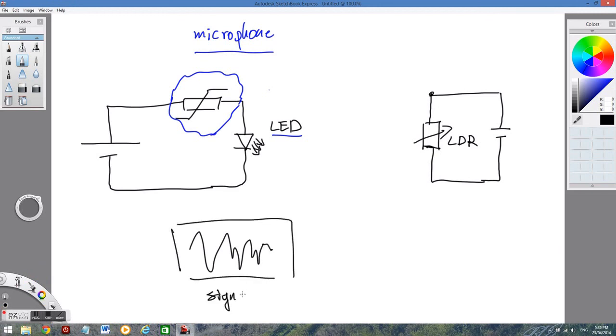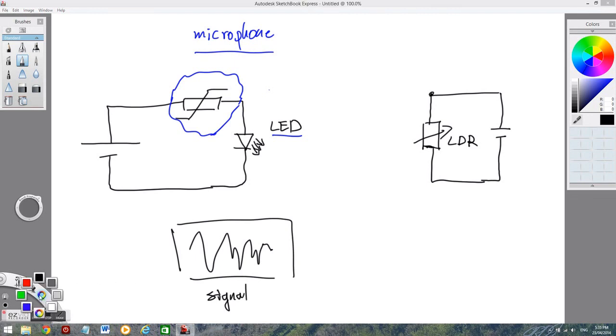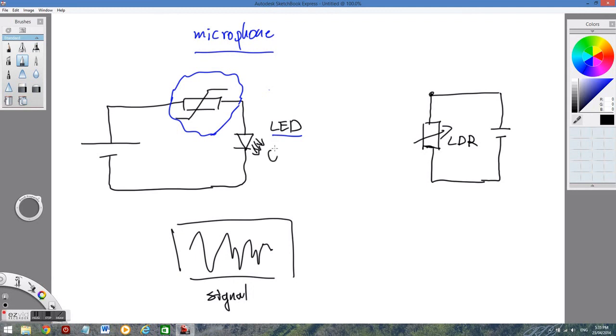Now, the beauty here is this time we connect the light emitted from the LED to an optical cable, an optical fiber. The optical fiber travels kilometers away to reach its destination.